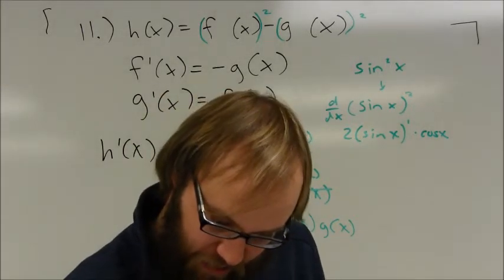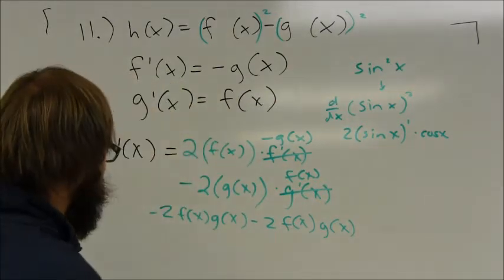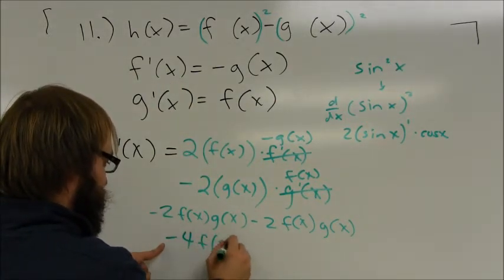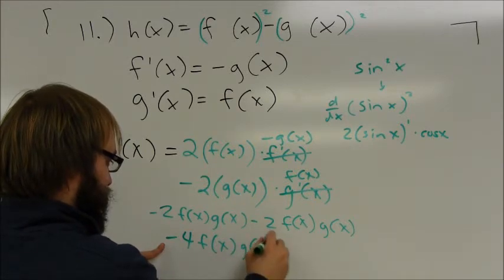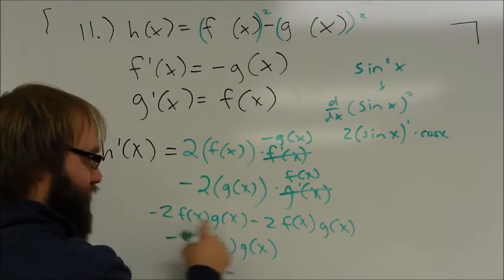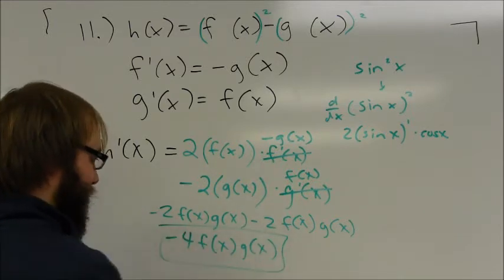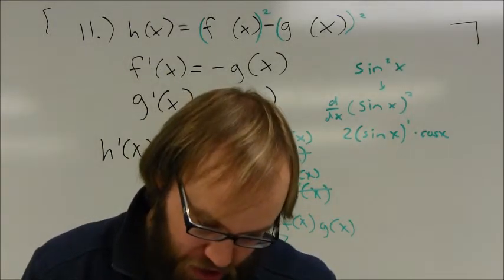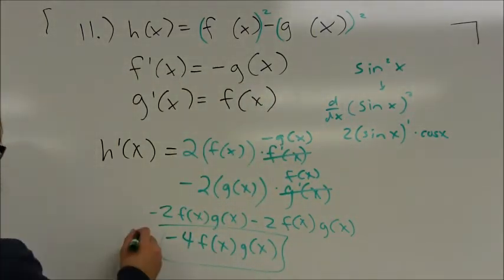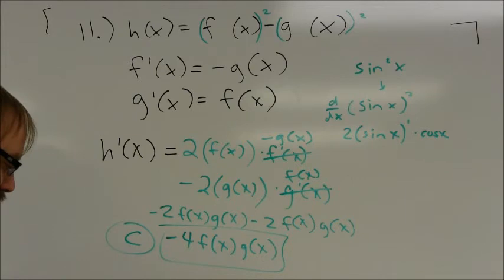And it looks like, as a result, I'm going to get negative 4 f of x, g of x, right? Because I have 2 of these minus 2 of those. Negative 2 minus 2 is negative 4, and that appears to be choice number C on number 11.